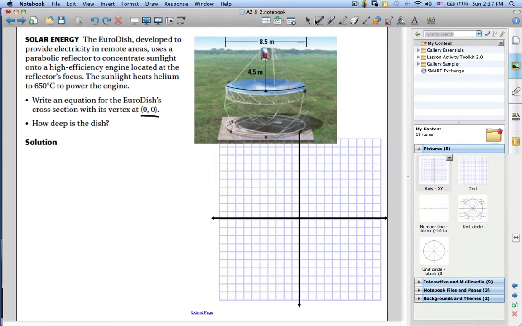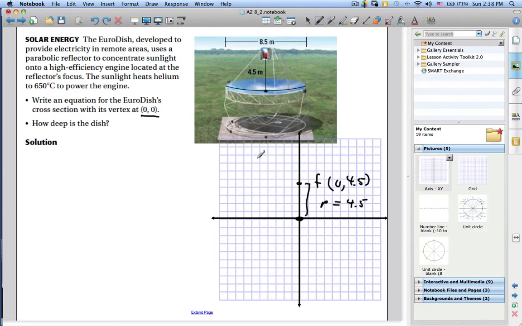I have a vertex at 0, 0, and you can see that from 0, 0 we went up 4.5 meters, so 1, 2, 3, 4 and a half meters, and that's my focus. So my focus would be at 0, 4.5. That also means that this distance here is p, and p is equal to 4.5.